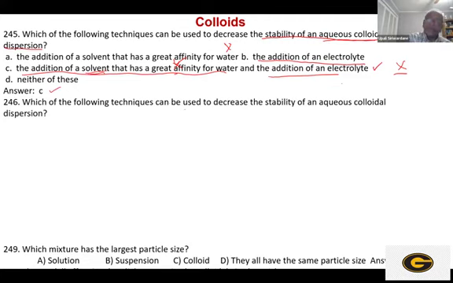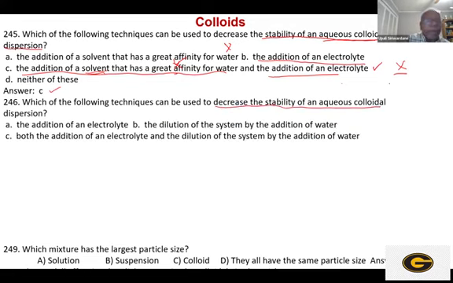Which of the following techniques can be used to decrease the stability of the aqueous colloid? Let's look at that. Addition of electrolyte. That's true. Dilution is adding water. Not true.